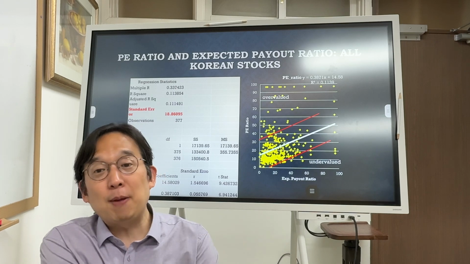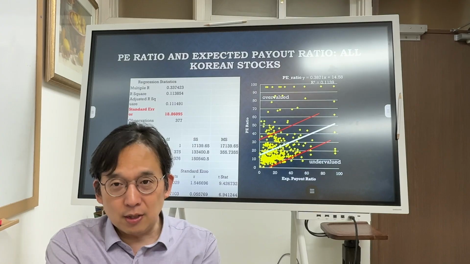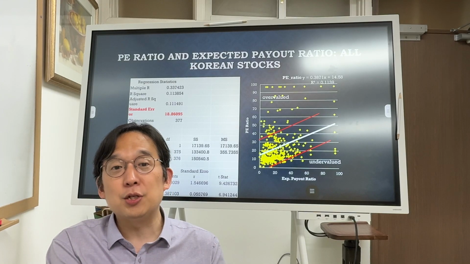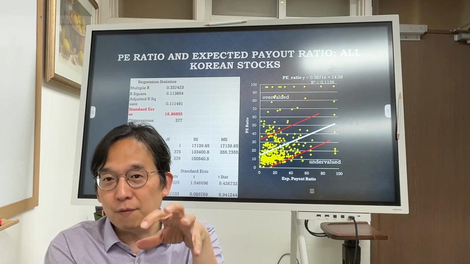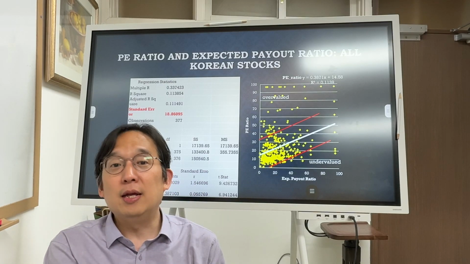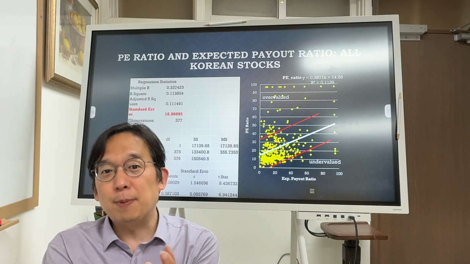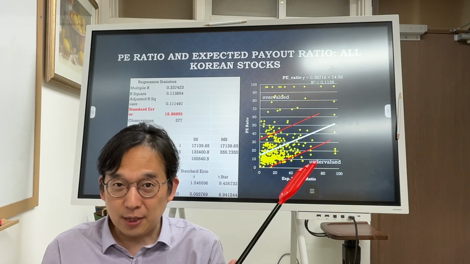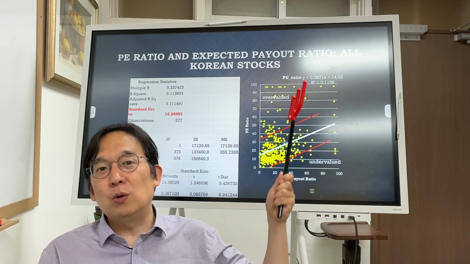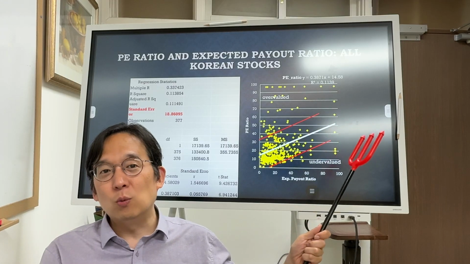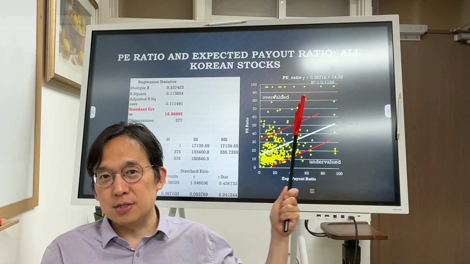How did I get expected payout ratio? Because I have DataGuide, and there it gives me an expected payout ratio, the expectation by the analysts who are covering these companies, right? And then they periodically announce they anticipate such and such payout ratio for this company. And I also Winsorized, as you see, those extreme values were replaced by some 95th percentile figure like this, okay?